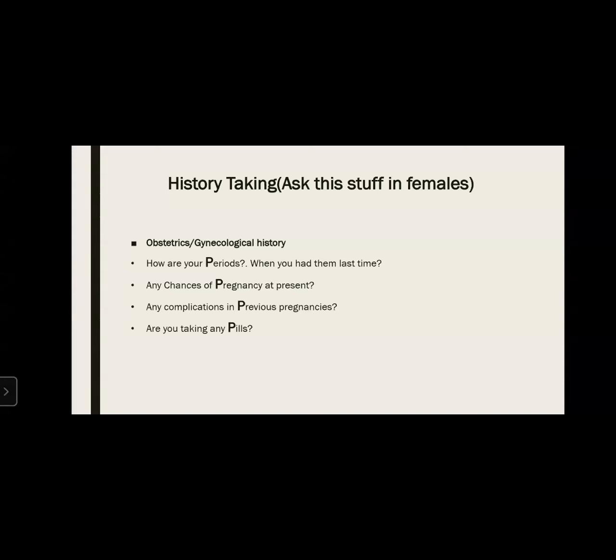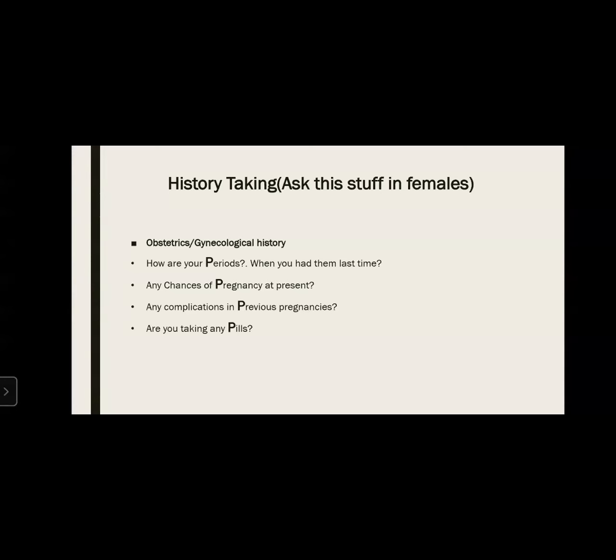Are you taking any pills? You can ask me why I had not taken the history of pills in the medication section, because they don't consider pills as medications. So contraceptive pills should be asked over here.